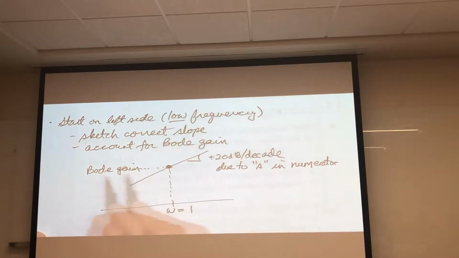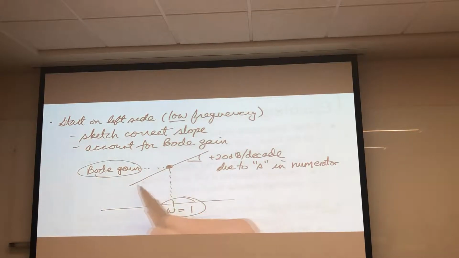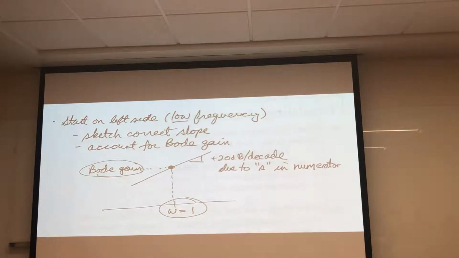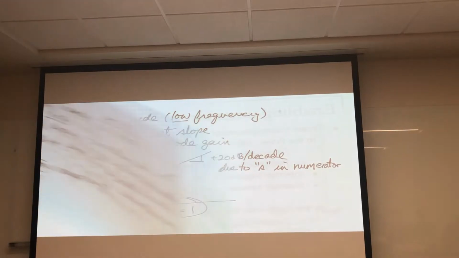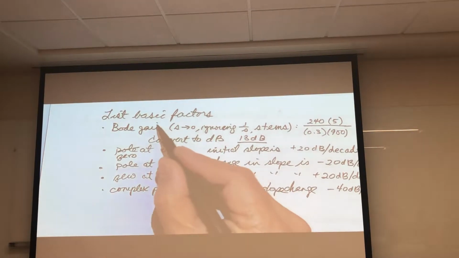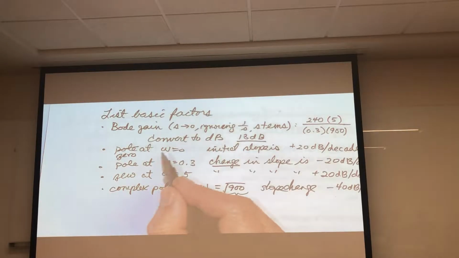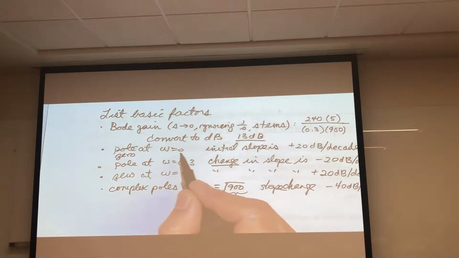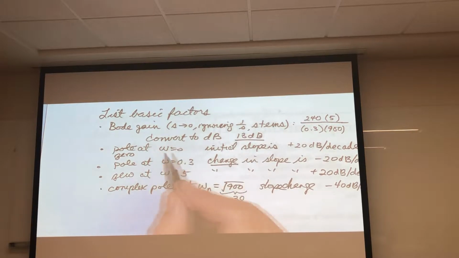So on the vertical axis, you need to put this dot on the vertical gain. Horizontally, side to side, you need to put it at omega equal to 1. So omega equal to 1, the Bode gain, and the slope. That will take care of several terms in our list of basic factors. We're trying to take care of this Bode gain and this 0. Low frequency, omega equal to 0.